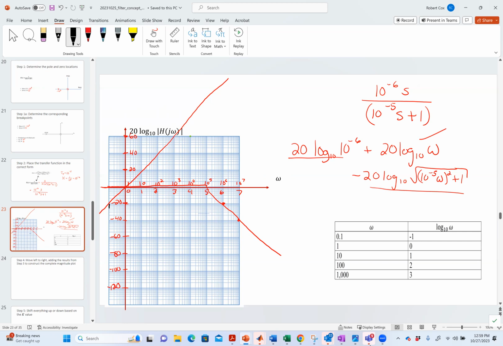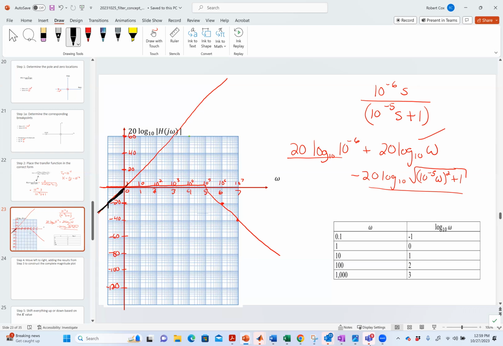So here at 0.1 radians per second, what's the sum of those two things? I've got one graph sitting at 0 and one sitting at -20. What's the sum of 0 and -20? -20. What happens when I get to here? This guy's still 0, right? This guy here is negative something. So basically I'm going to follow this line. The whole graph is going to follow this line up until a point.